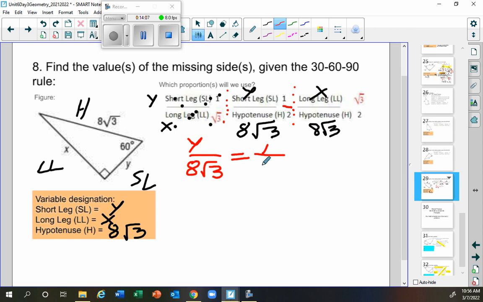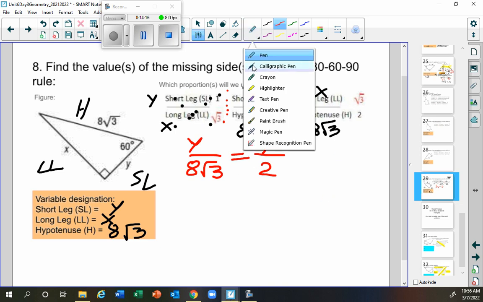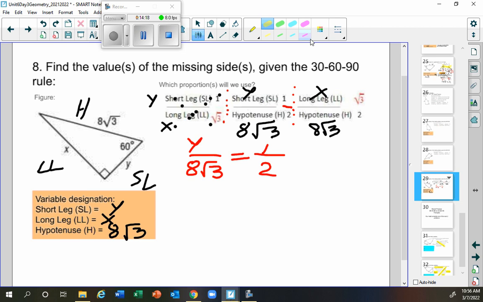All right. So now, what's our next step? We need to solve for y. So what do we have to do in our proportion? Crisscross.